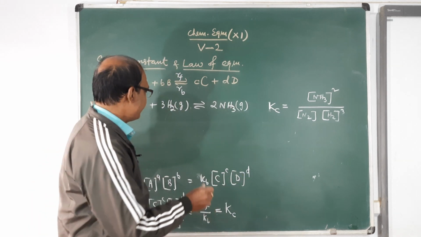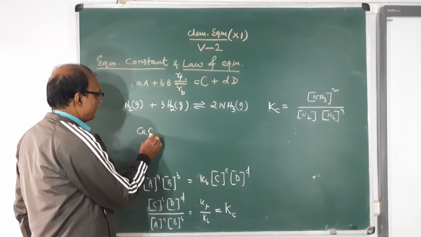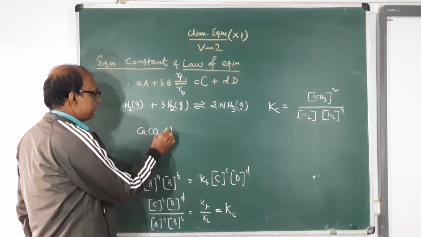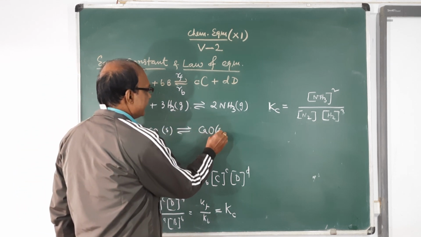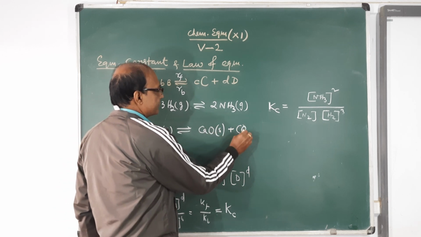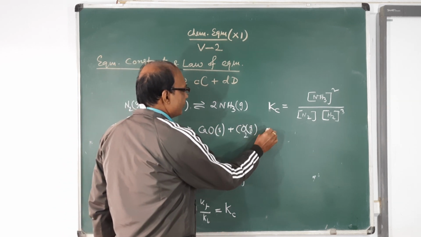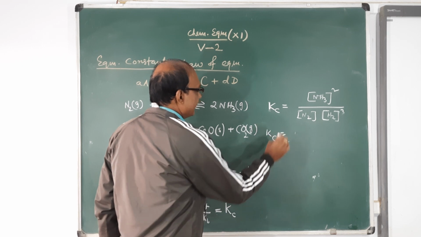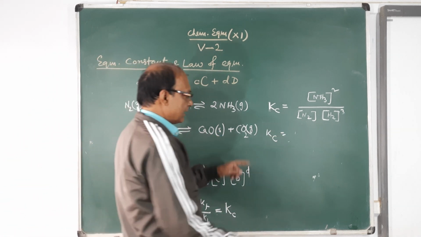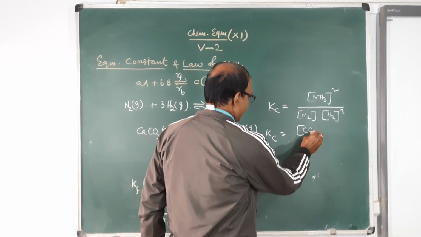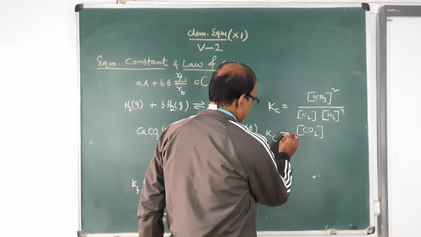Now, see, I am writing another equilibrium system: calcium carbonate decomposes to form calcium oxide plus carbon dioxide gas. Here you write the expression of Kc in this way: Kc equals the molar concentration of CO2.